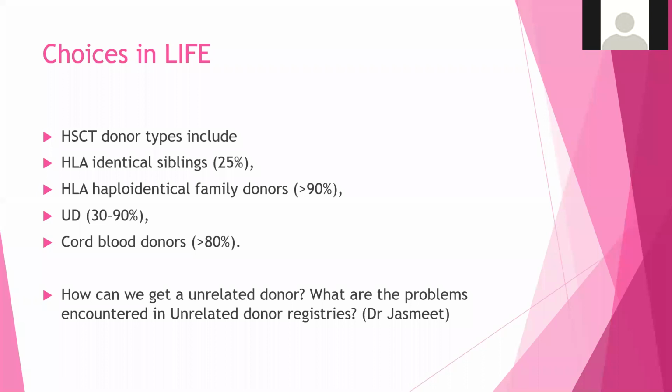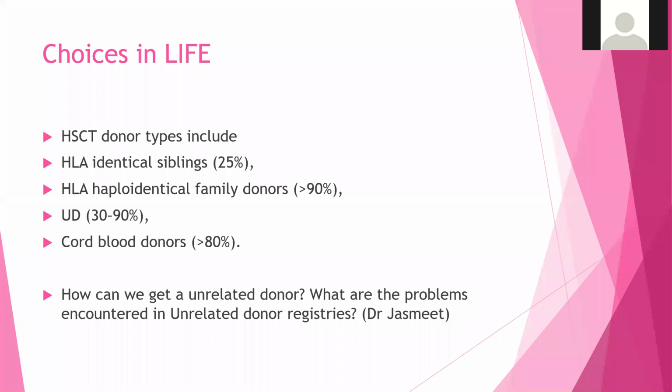The other problem that Indian patients would be having is that we are a very diverse population: east, north, south, west of India. Because of our diversity, within our own population we need to have various well represented pockets in registries. The other factor with the registries is that not all donors are well typed or completely typed in all registries.